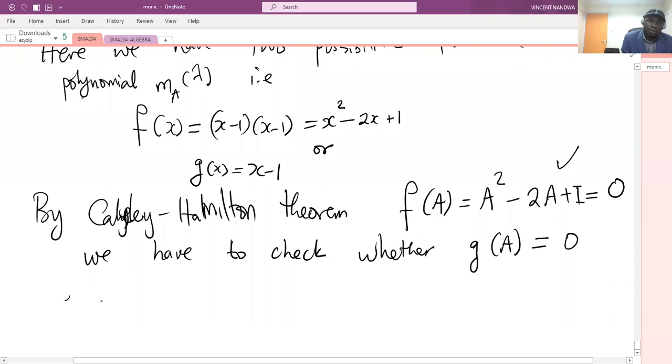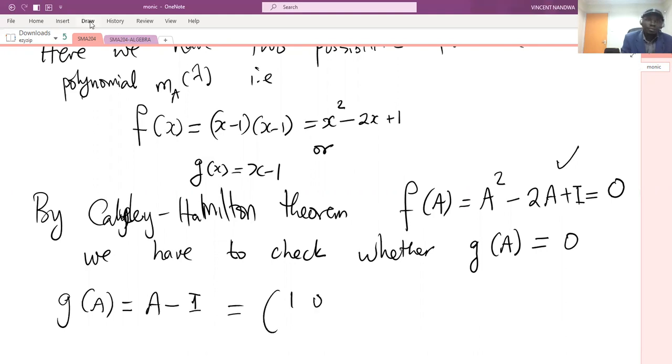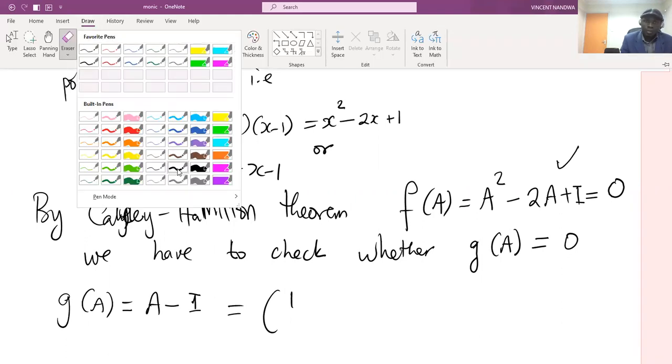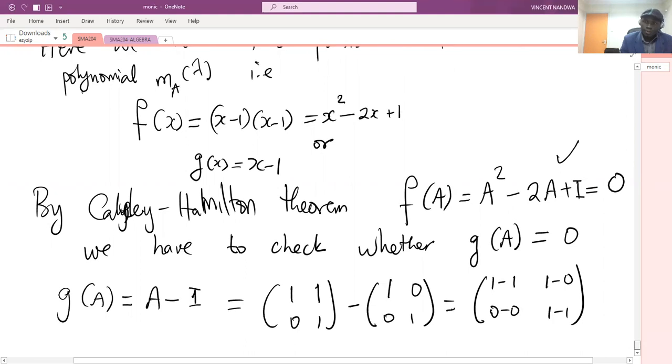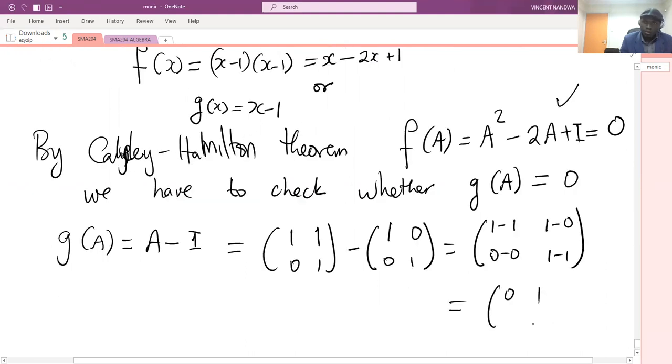When we say g of A, according to the definition of g, we have A minus, in terms of matrices, the identity I. So that is the matrix 1, 1, 0, 1 minus the identity matrix 1, 0, 0, 1, which will be 1 minus 1, 1 minus 0, 0 minus 0, 1 minus 1. That gives us 0, 1, 0, 0.